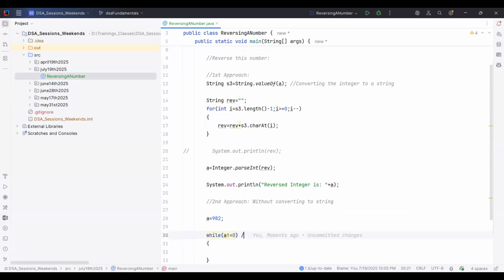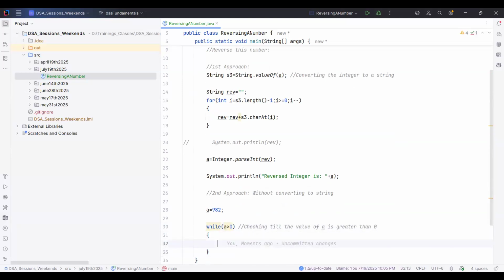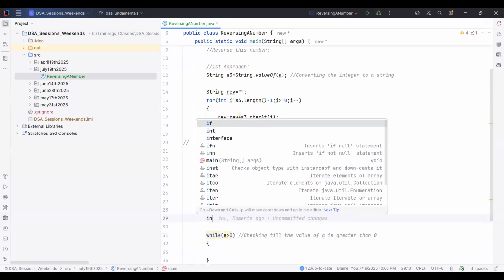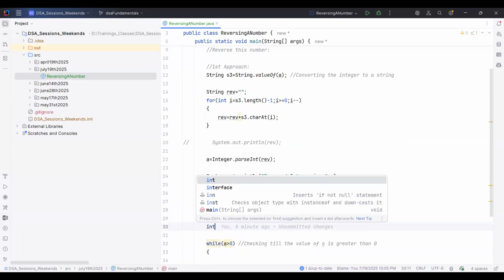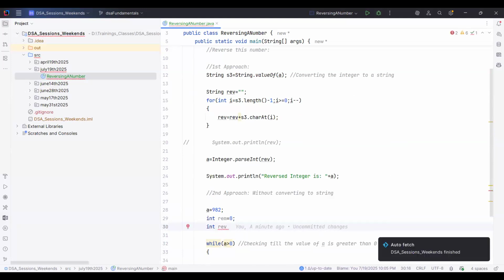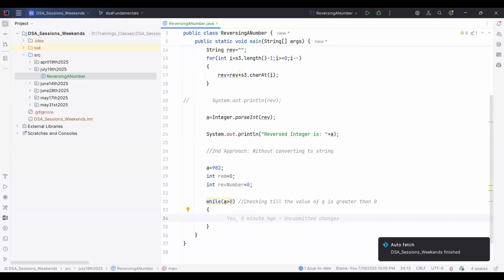I'm checking until the value of a is greater than 0. And int rev number equal to 0.